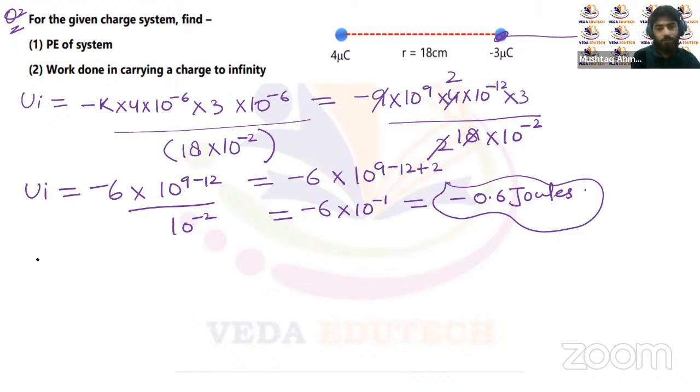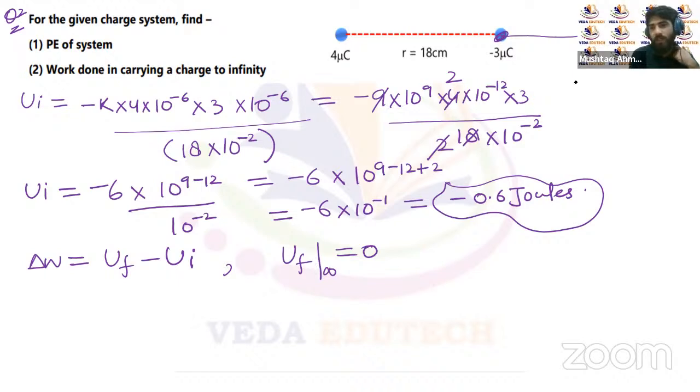It means that work done has to be equal to the change in potential energy, that's U final minus U initial, right? And we know that at infinity, the potential energy by reference is equal to 0. So the work done will be equal to the final potential energy, that's 0, minus the initial potential energy, that's minus 0.6.